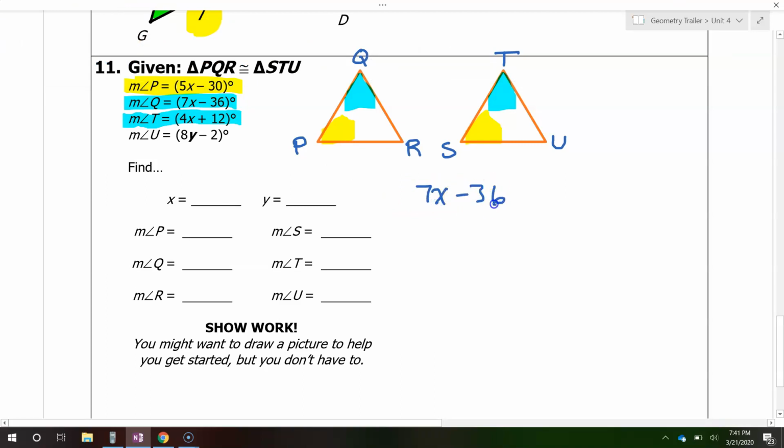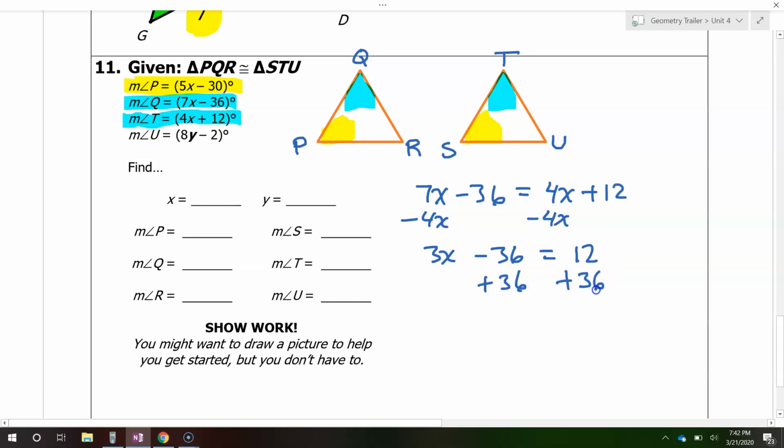7x minus 36 equals 4x plus 12. If I subtract 4x from both sides, that's going to leave me 3x minus 36 is equal to 12. And then I add 36 to both sides, and that's going to give me 3x is equal to 48.